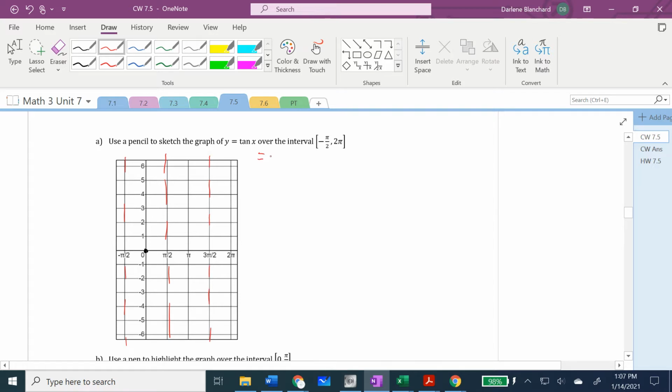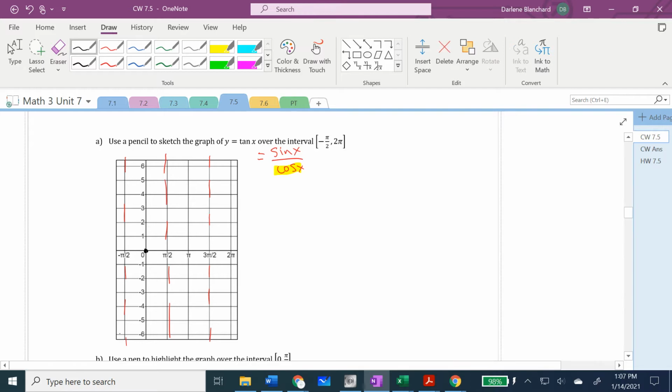And remember that tangent is equal to sine over cosine. When a denominator is equal to 0, you will get asymptotes. Cosine is 0 at -π/2, π/2, 3π/2, and all those multiples. And then you want to remember that the graph of tangent heads upward as you go left to right.